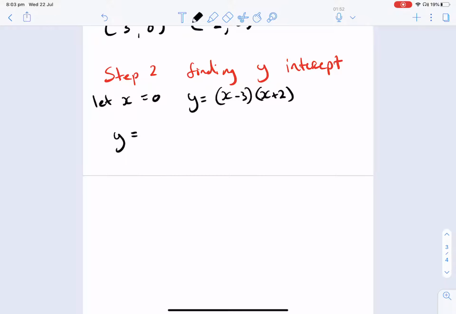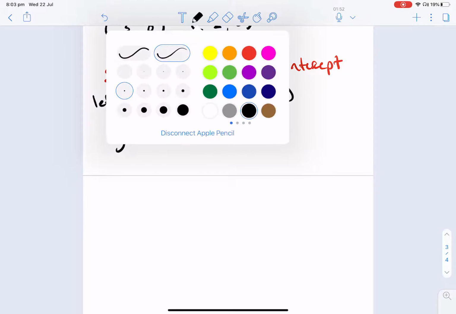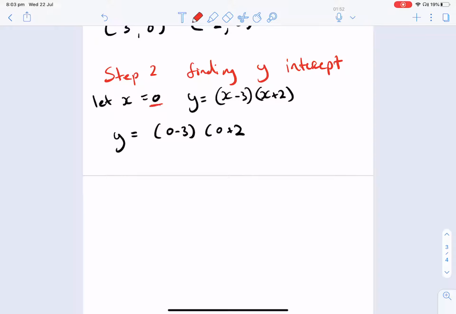Our y is going to equal our new x value of 0 minus 3 and our new x value of 0 plus 2. So I've literally just subbed this 0 in. We've decided to let x equal 0 because the value of x at the y-intercept is 0. I've just put that x into these two spots in this equation. That's given me y equals 0 minus 3 and 0 plus 2. So that means my y is going to equal -3 times 2.